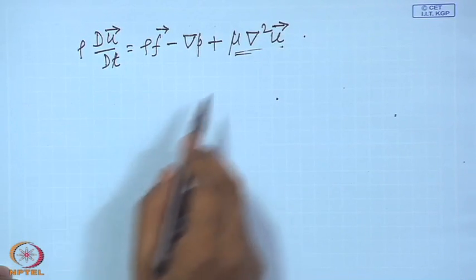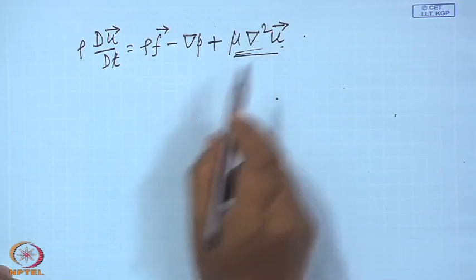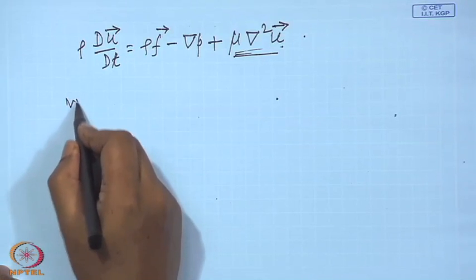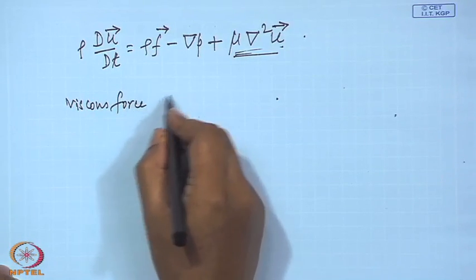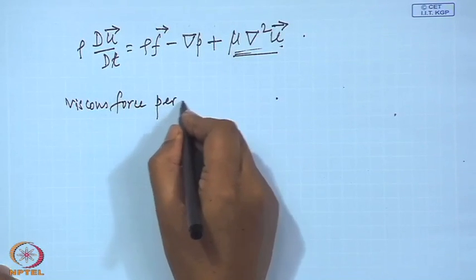Now, look at this. This is the viscous force per unit volume; all terms are per unit volume here.